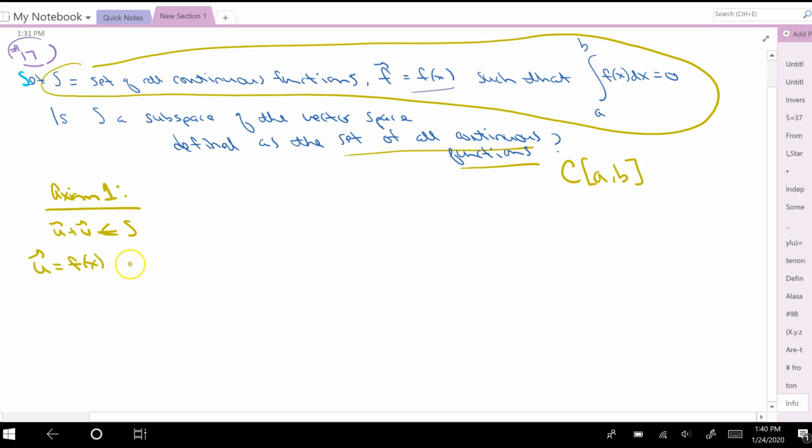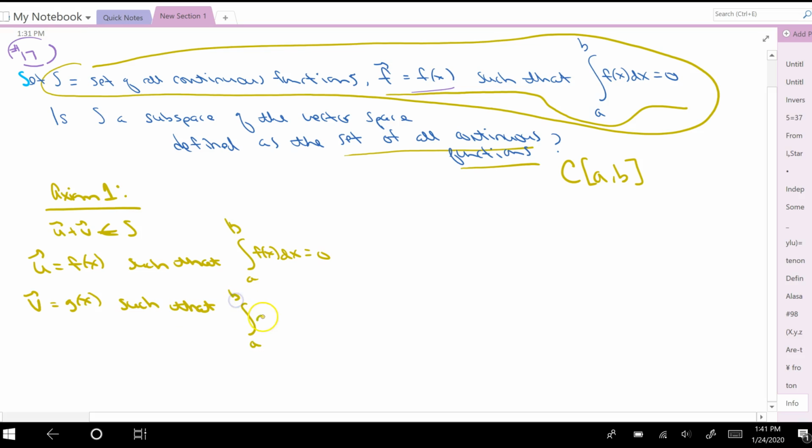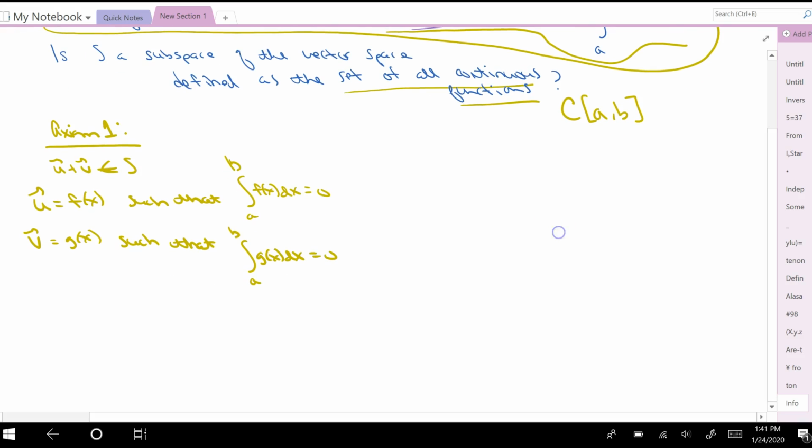So u is a function f of x such that the definite integral from a to b of f of x dx equals 0, because that is how a member is defined. Let's call the second member v, equal to g of x, such that the definite integral from a to b of g of x dx equals 0. So axiom 1 says that u plus v has to be an element of set S.